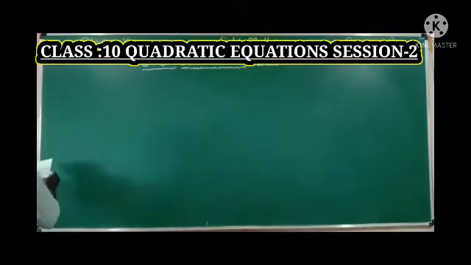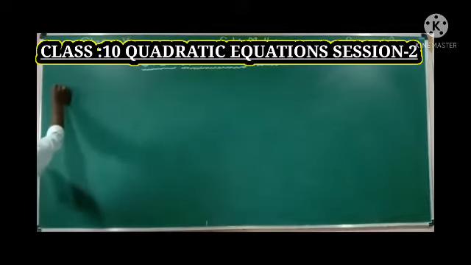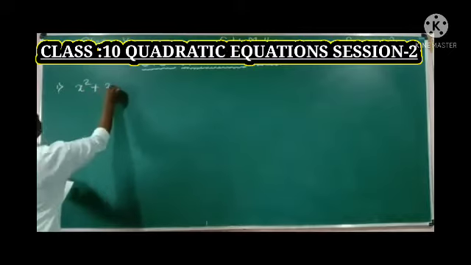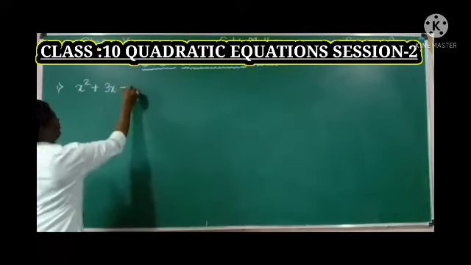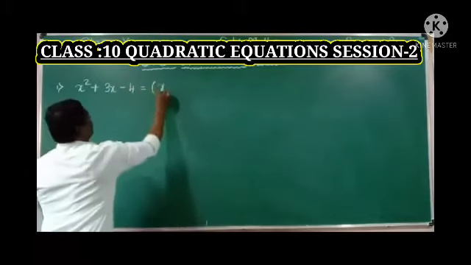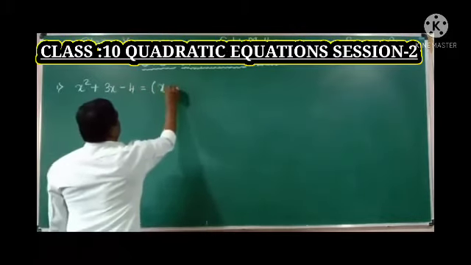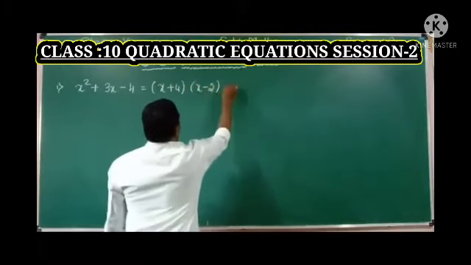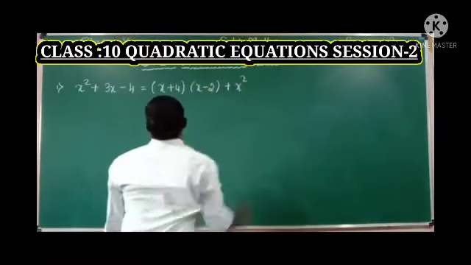The first one is x square plus 3x minus 4 is equal to x plus 4 into x minus 2 plus x square.